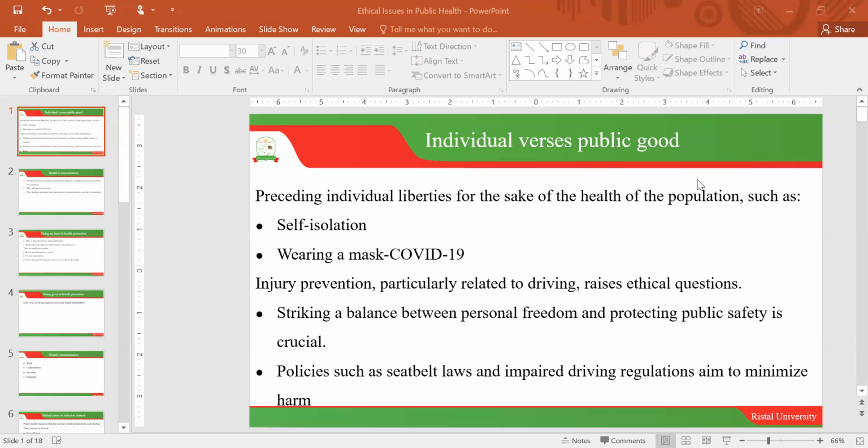But as you're doing that, you're actually infringing on their freedom, yet the interest is on protecting the public. Those are examples where we have individual versus the public good as related to public health ethics.